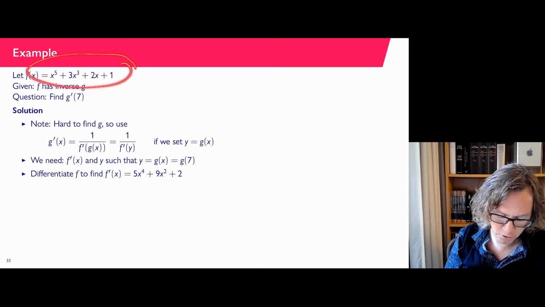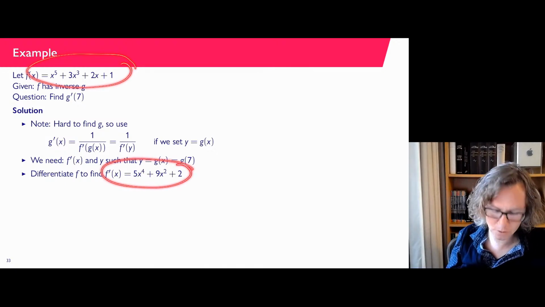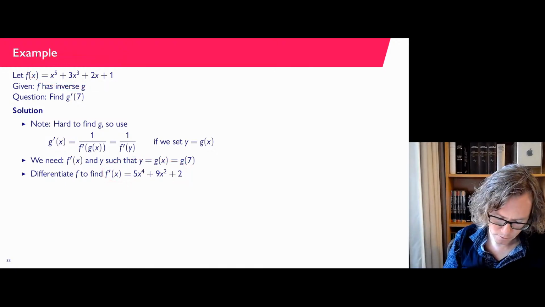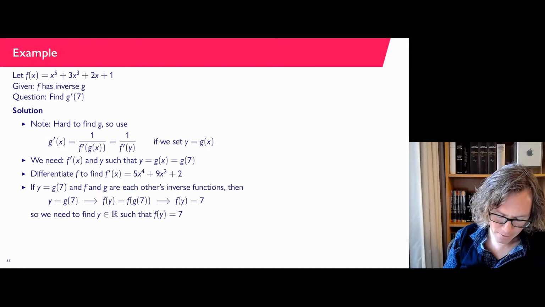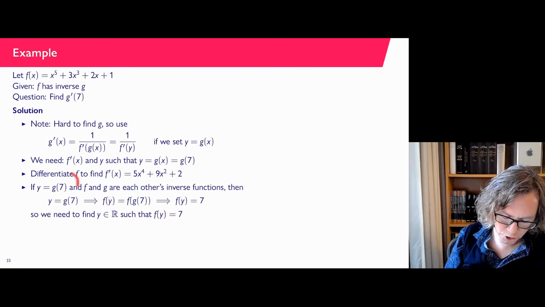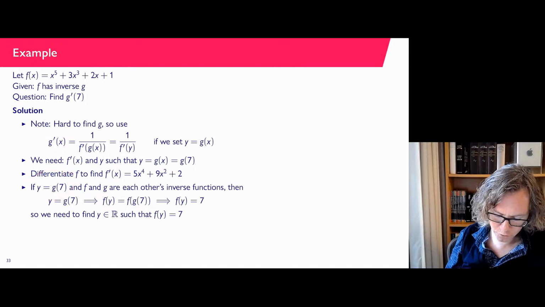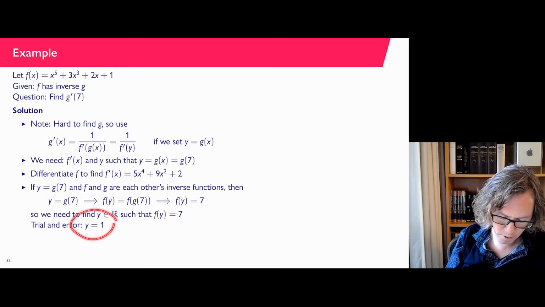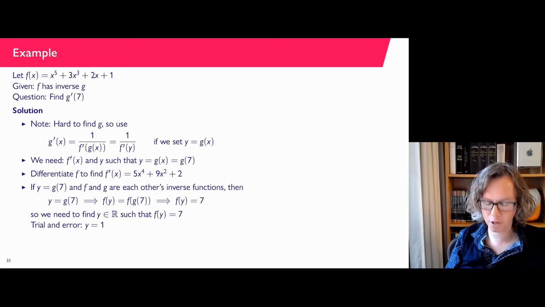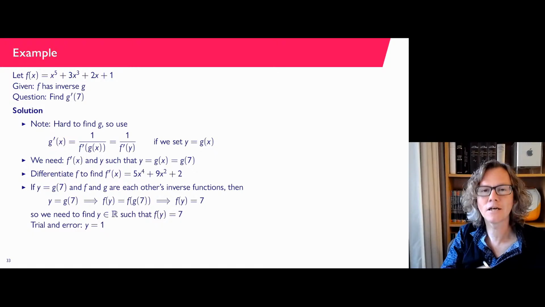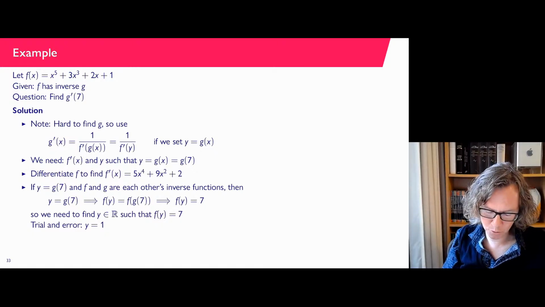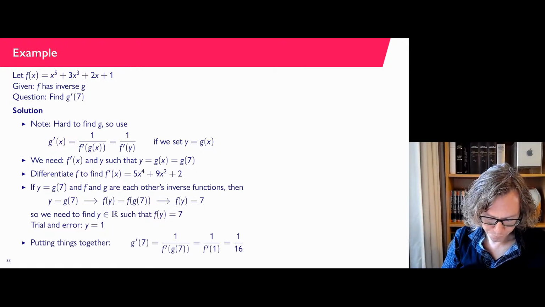If you differentiate this thing, you find this expression. That's easy. And then if y equals g of 7 and they're each other's inverses, then with what we have just seen, we have found that y should be 1. So here I have called it trial and error. And then we're basically done now, because now we can just apply the formula.